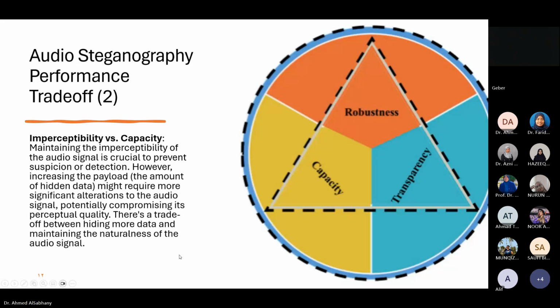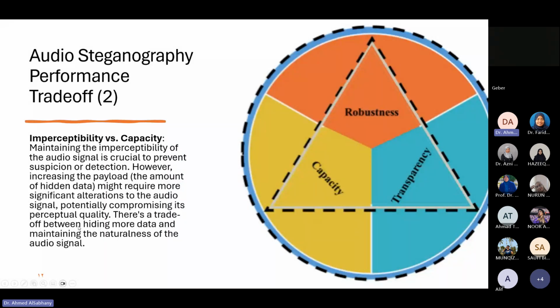Sorry. For the second trade-off, the imperceptibility versus the capacity, maintaining the imperceptibility of the audio signal is crucial to prevent suspicion. However, increasing the payload, the amount of hidden data, might require more significant alteration to the audio signal, potentially compromising its perceptual quality.